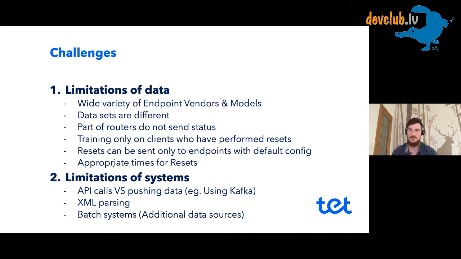Now we have API calls. It would be much easier if we had data pushed to Kafka. XML is not the worst format to work with, but still could be better. And yeah, as I said already, batch systems that are already in place.